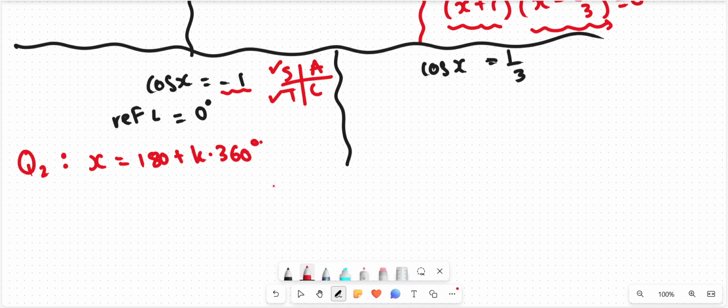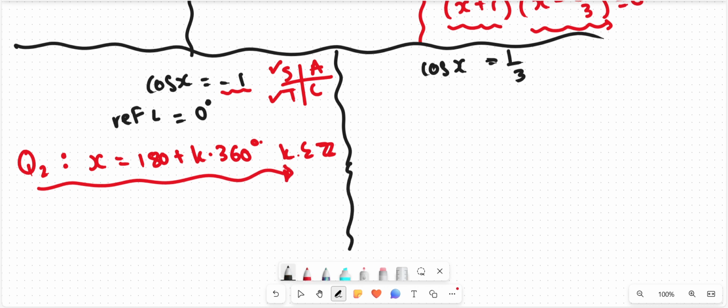And this will be the same for quad 3, because again that one should read 180 plus your reference angle, but since your reference angle is 0, it's going to literally read the same as that. So we could just write one of them, we don't have to write it twice, it's going to be the same thing. So there's my 2 solutions, or rather my 1 solution, but for both of the quads.